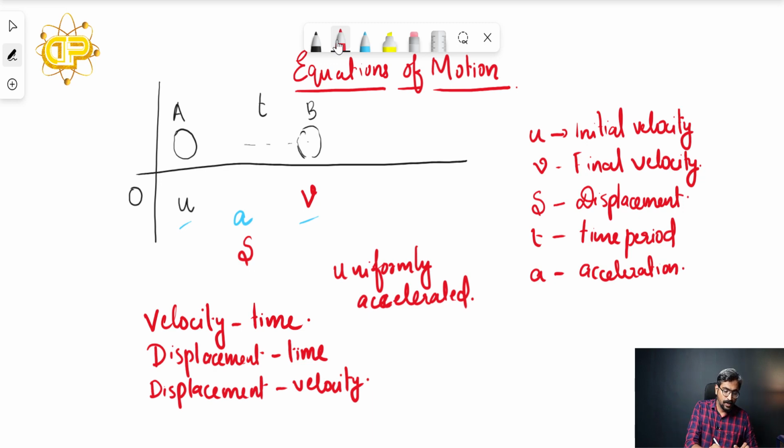The first equation gives the velocity time relation, the second equation gives a clear idea about the displacement time relation, and the third equation gives an idea how the displacement and velocity are related. So straight to the equations.